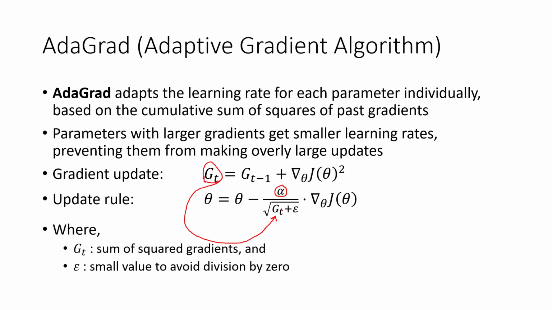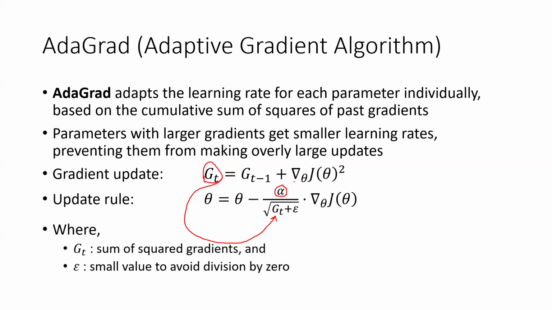So when this Gt is too high, your overall learning rate would get much slower, because this alpha would get divided by the square root of Gt. The idea is that when the gradients are getting larger, when this gradient of J theta is getting higher, you should learn slowly, because the gradient is too high.